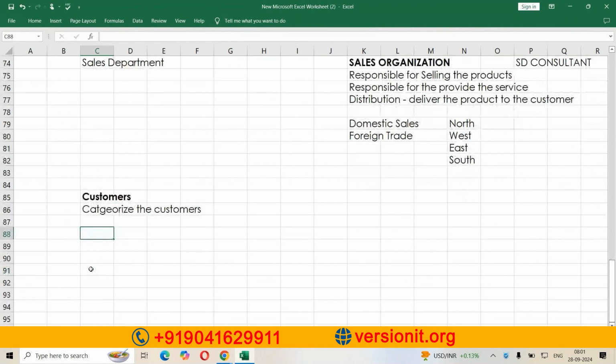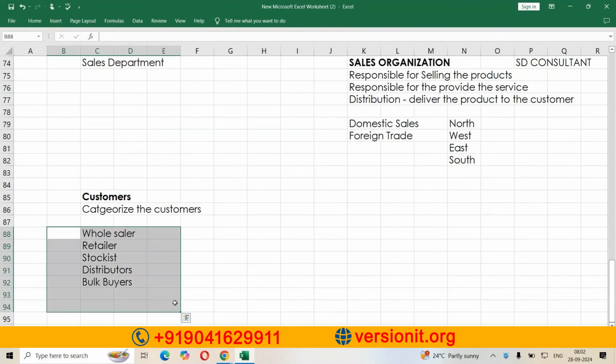One set of customers we name wholesalers, one set retailers, another set stockists, distributors, bulk buyers. Like that, we categorize the customers, because for all the customers, the selling price, discount, payment terms, and delivery methods will be different. For that reason, we categorize the customers on these terminologies.